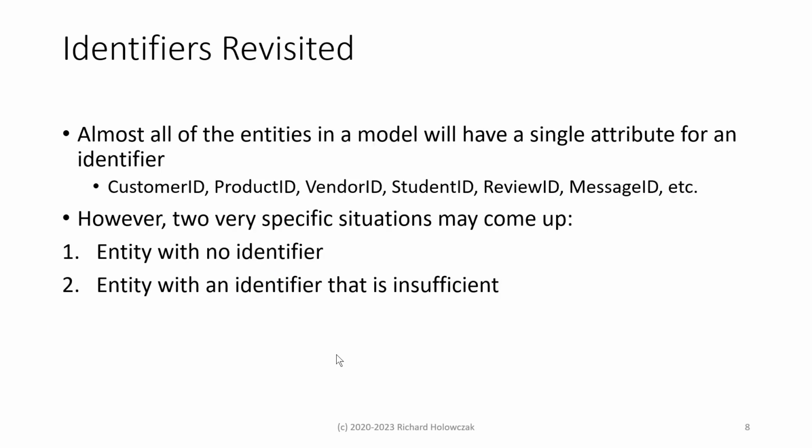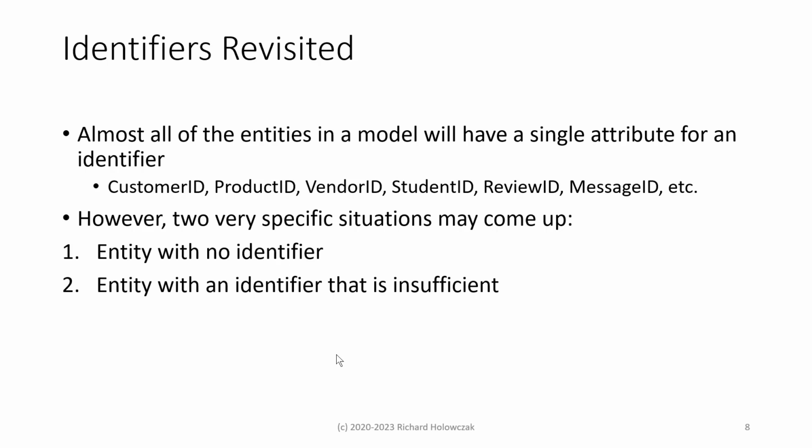Now I'd like to turn our attention back to identifiers. This gets into a very esoteric situation that happens very seldom in our modeling. But it's important to bring it up because we need to make sure that we can address it if it does come up.